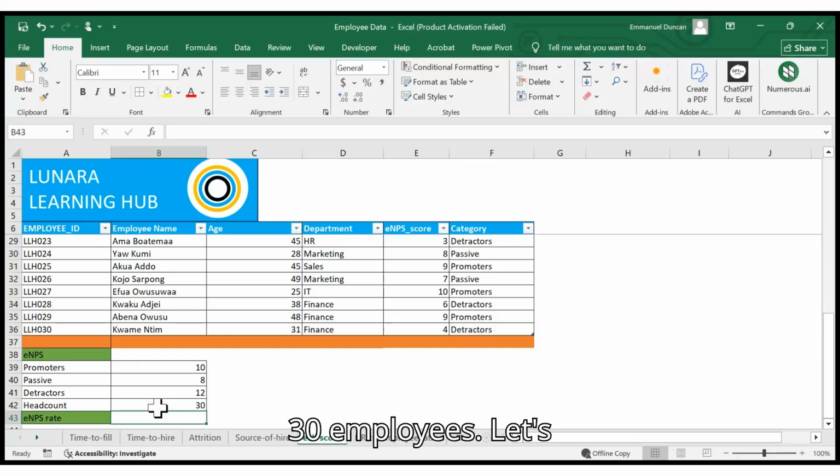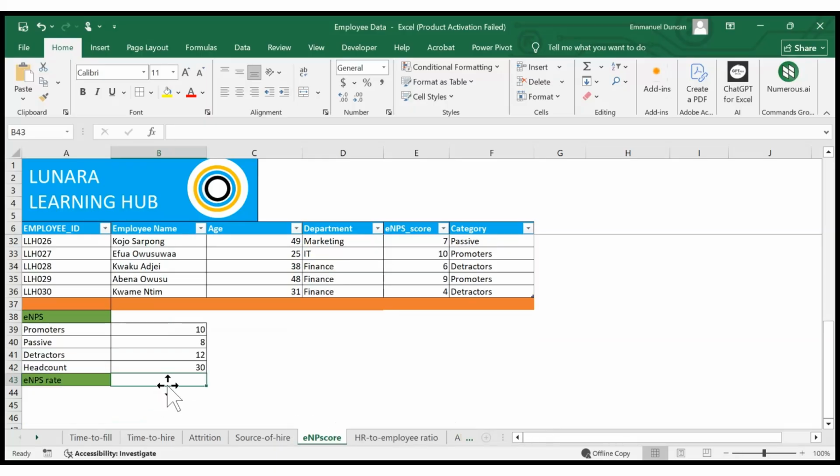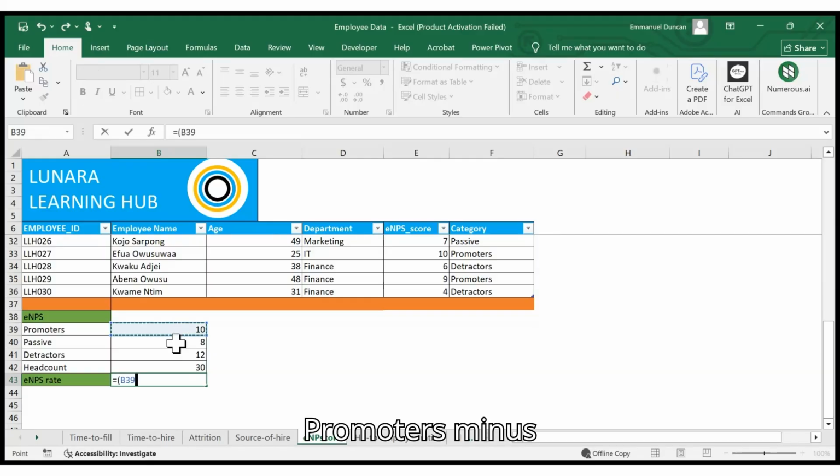Let's calculate our employee net promoter rate by the formula: the promoters minus the detractors divided by your head count.